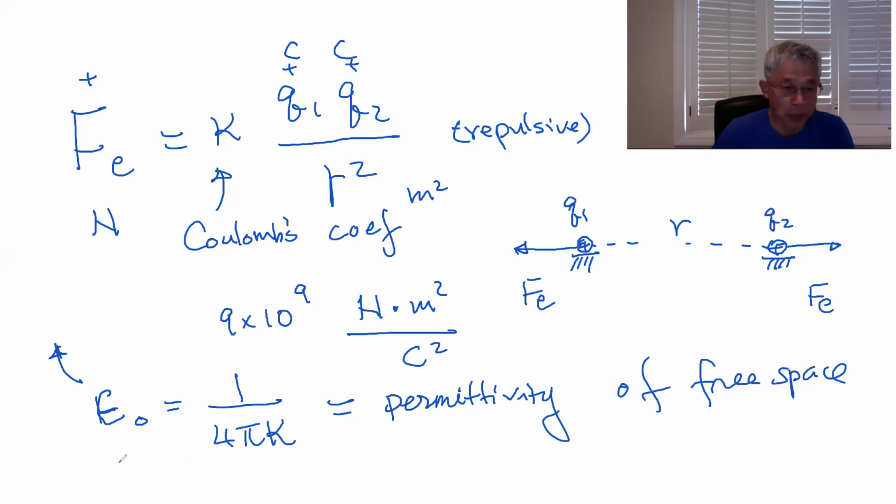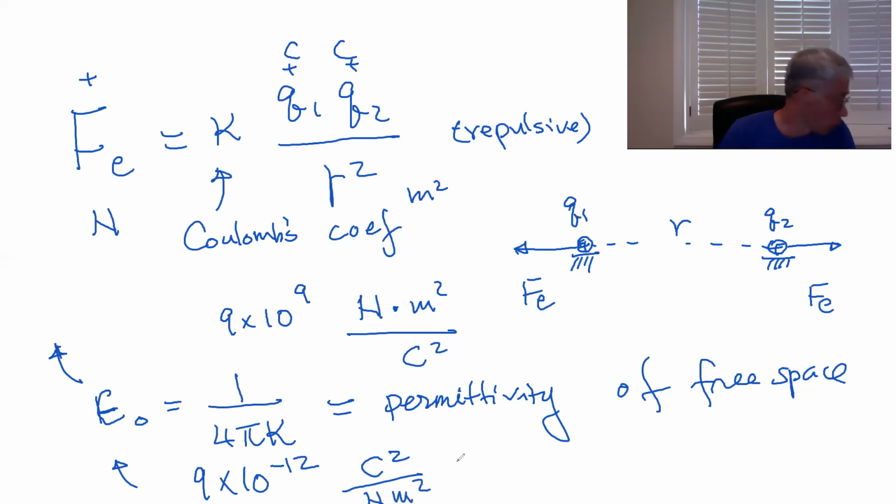This epsilon 0 in value is equal to 9 times 10 to the negative 12, and the unit is C squared over N m squared. That looks a little weird, negative 12, but I guess that's fine because this is 4 times 3, so that's 12, and then times k. So that looks about right.